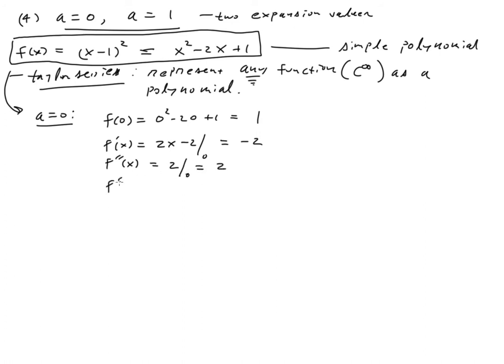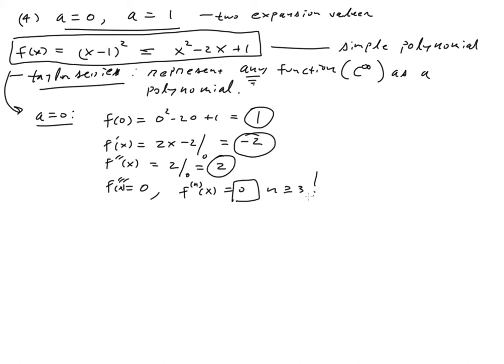And now, of course, f triple prime of x is 0. In fact, any derivative above that will also be 0 for n greater than or equal to 3. So here are the 3 coefficients. Everything else, of course, is 0.